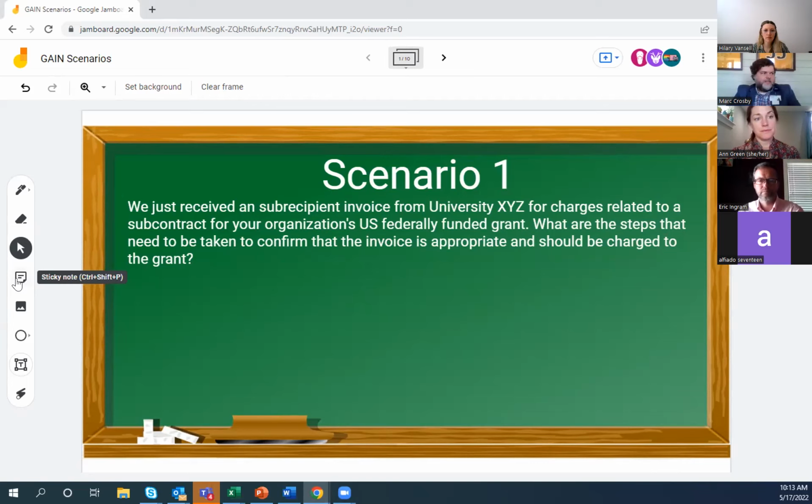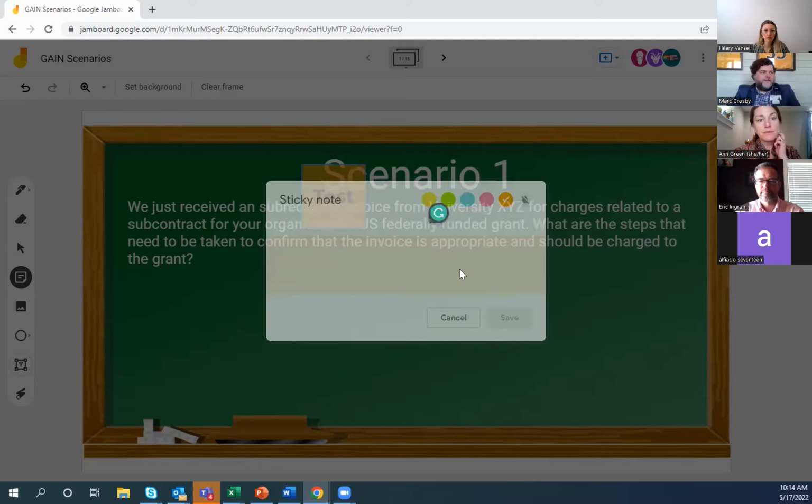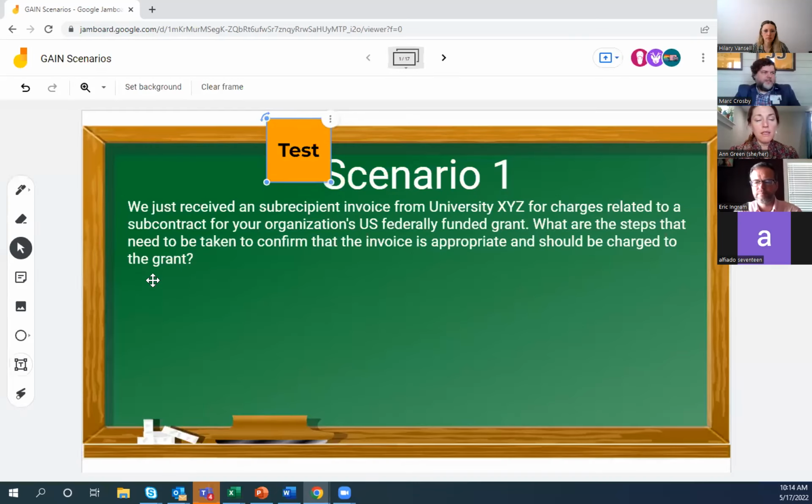Over on the left-hand side, there's the square. You click on the sticky note, select the color, type in your response and then hit save. Then you can reposition your sticky note on the screen and keep adding those. We're going to spend 20 or 25 minutes out in our breakout room.